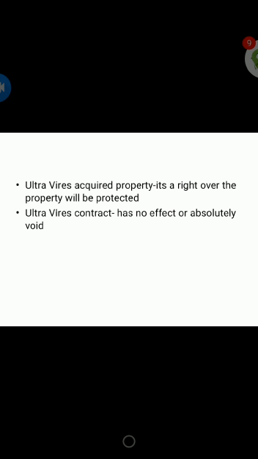The next is ultra vires contracts. We can say it is absolutely void, and it cannot be ratified even by all the shareholders. So if you feel the company is going to have an ultra vires act, in such a case what you can do is file a complaint against the company within 6 months from the date of knowledge.